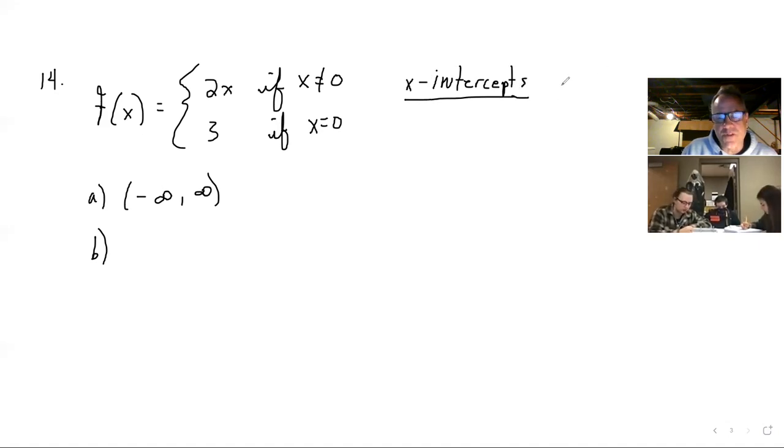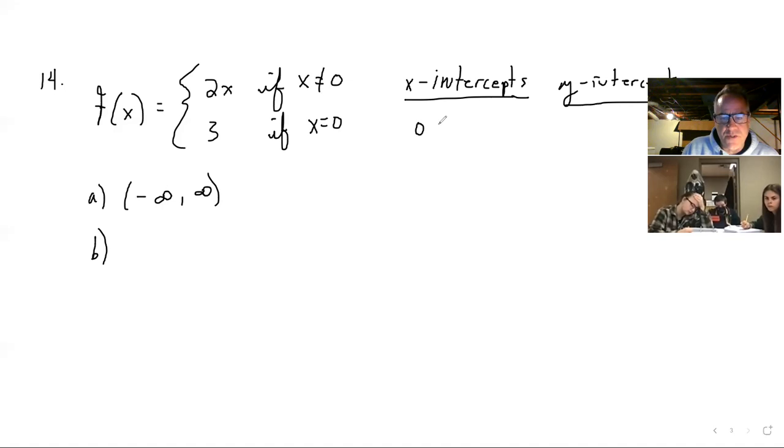And it's a function, so at most, we could have one y-intercept. When you find an x-intercept, you let y be what? 0. And the way you're going to go about this, in this particular case, is you only really have this piece to work with.